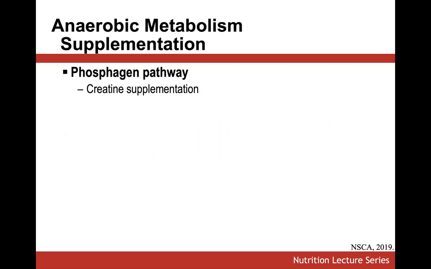So let's move into this. How do we supplement the anaerobic metabolic pathways? Let's talk about the first one, the phosphagen pathway. Going back to what we talked about in lecture 1 and reviewed several times in the first 3 lectures, the phosphagen pathway is the first 10 seconds of energy utilized.